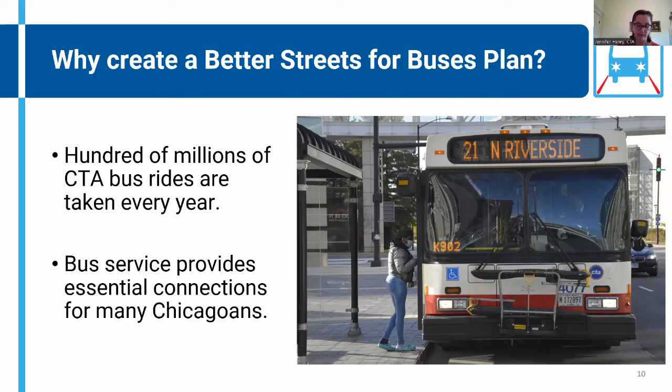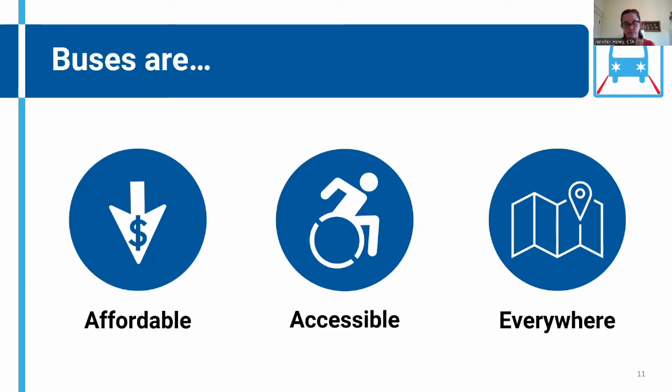Pandemic or no pandemic, bus service provides important connections to many and is especially critical for those who cannot drive, walk, roll, bike, or scooter to their destinations. CTA bus is a critical transportation option for many people because it is affordable, accessible, and available throughout Chicago, including places without rail access. For many Chicagoans, CTA bus is the public transit in their neighborhood.